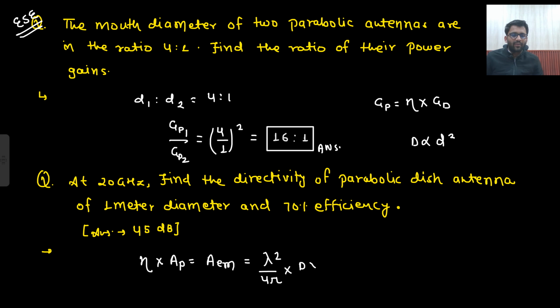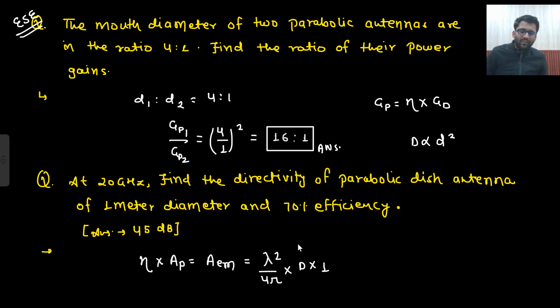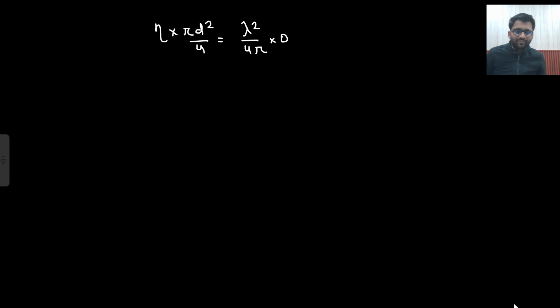It is not given, so forget about that. Polarization loss factor we are taking as 1. So can I do this in the examination? Yes. The next step I will be writing: eta into pi d square by 4 is equal to lambda square by 4 pi into directivity.